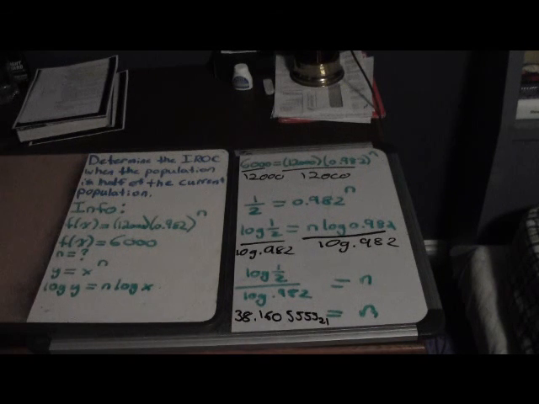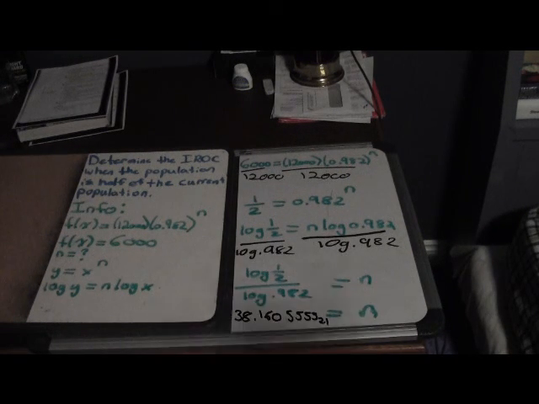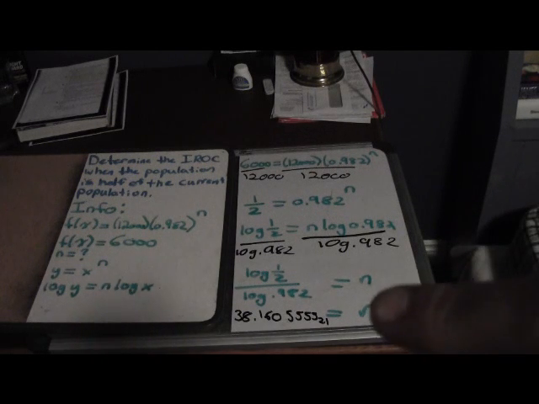Now obviously you don't need to go to that many decimal places, but you should, just to be exact, before you get your final answer, because remember, n is not what our final answer is. What we're trying to do is find the IROC at n. n is our time value. Now we have to find the IROC at n.